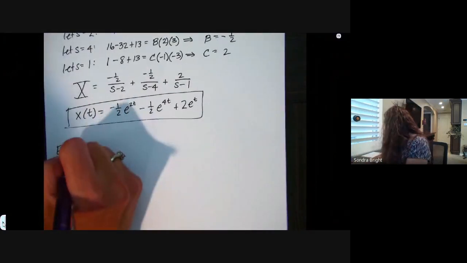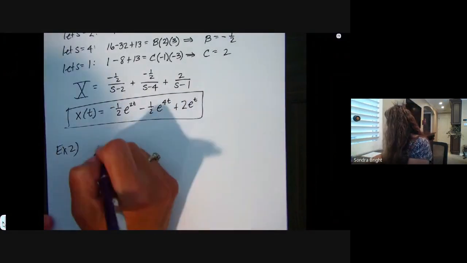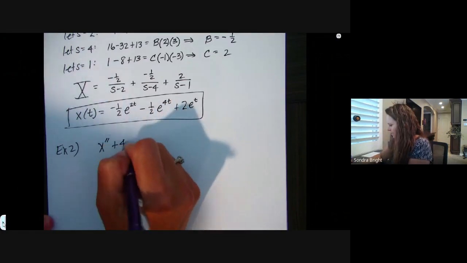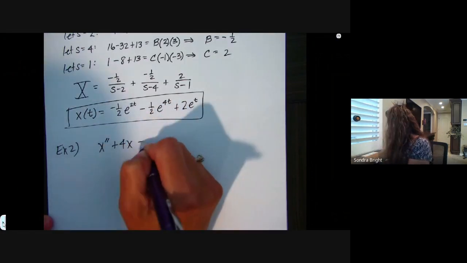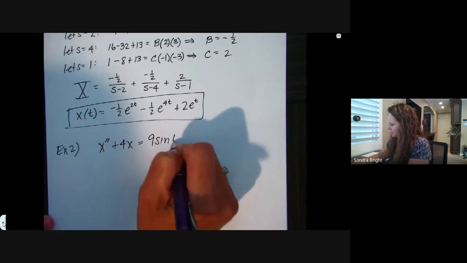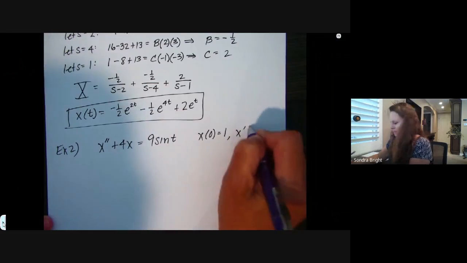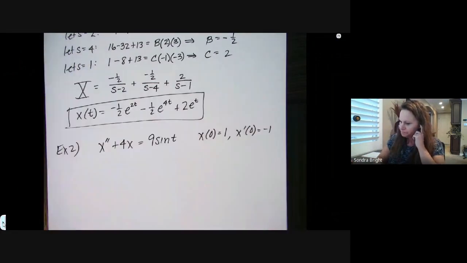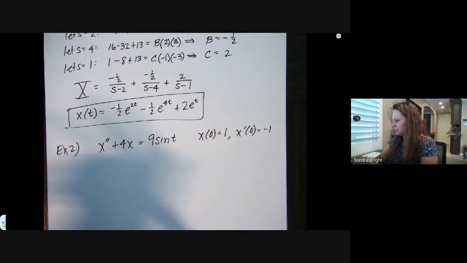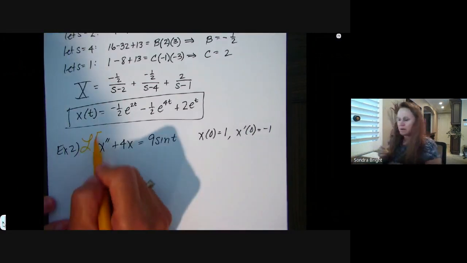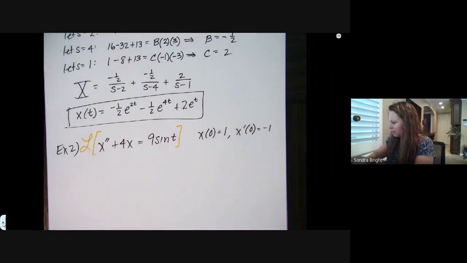I want to solve x double prime plus 4x equals 9 sine of t. And they gave us that x of 0 is 1 and x prime of 0 is negative 1. All right, so again, you'll do the Laplace transform on both sides of the equation, right?